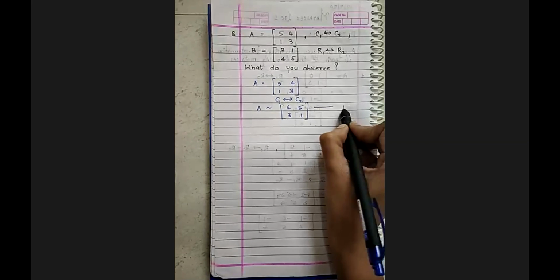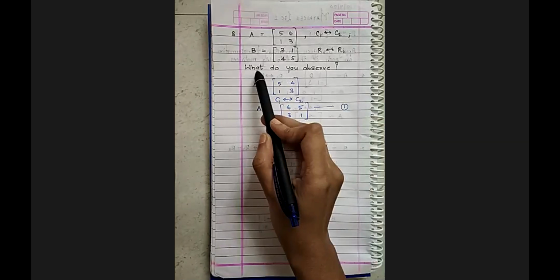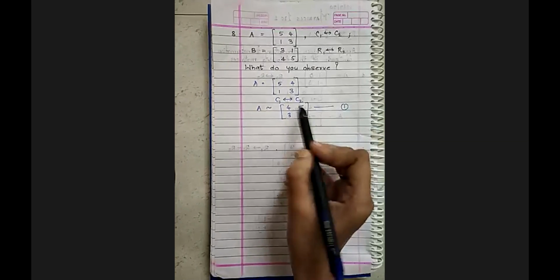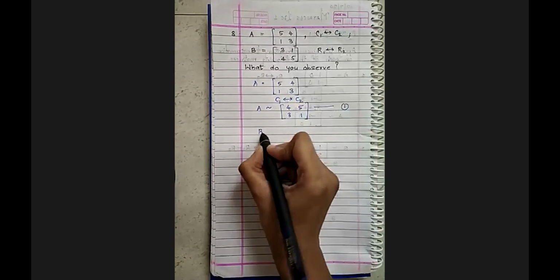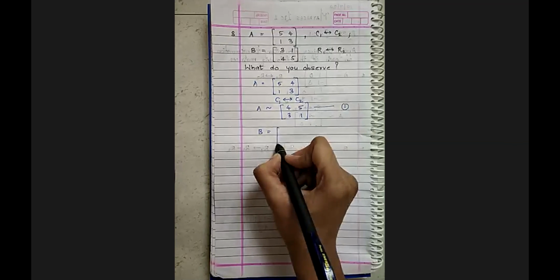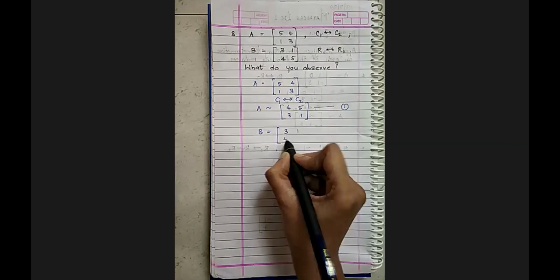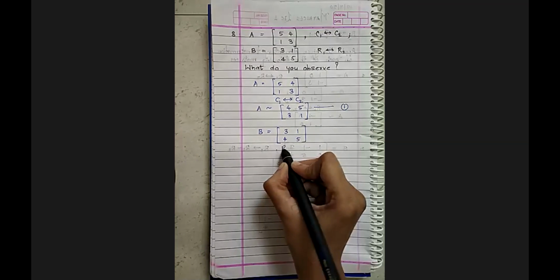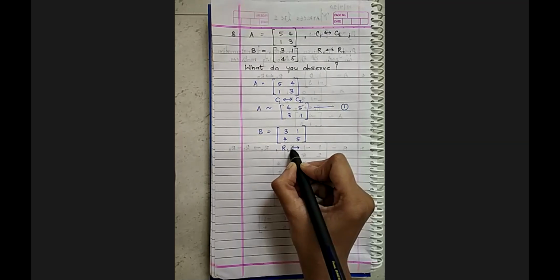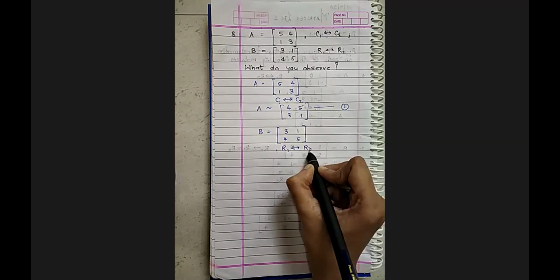Now I'll just mark this one because there's one more question over here. What do you observe? For that reason, I'll just mark this. Now I'll take the B matrix. So B matrix is 3, 1, 4, 5. And here the transformation is a row transformation, which says R1 interchanges to R2.